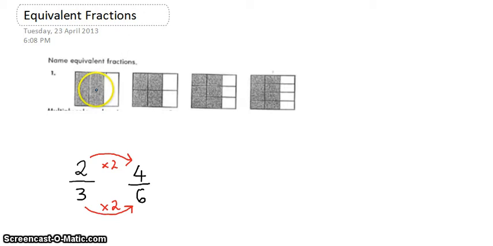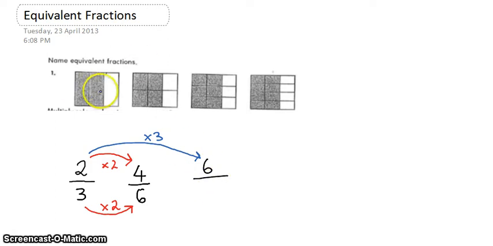If I want to consider the next equivalent fraction and multiply it by 3, that 2 shaded in parts multiplied by 3 now gives me 6 shaded in parts. So let's show that. This is what we did. We multiplied the 2 by 3 and we got 6 shaded in parts.